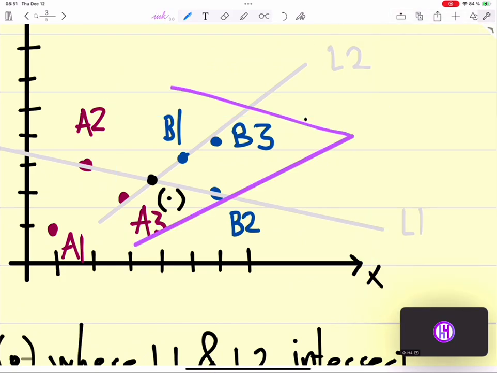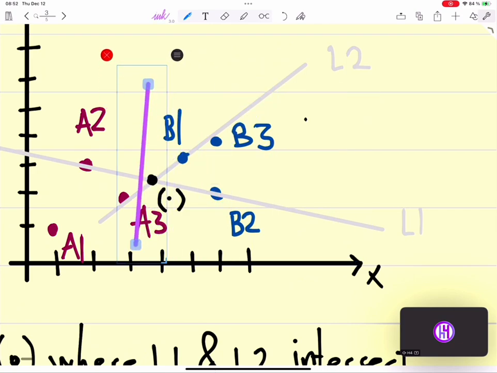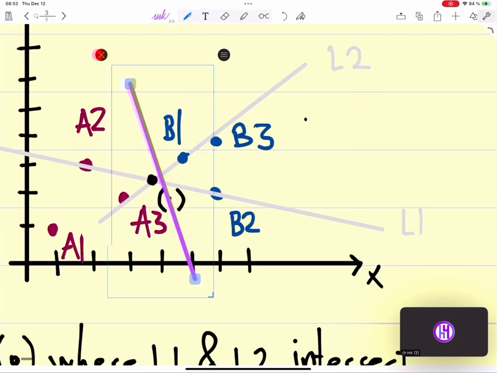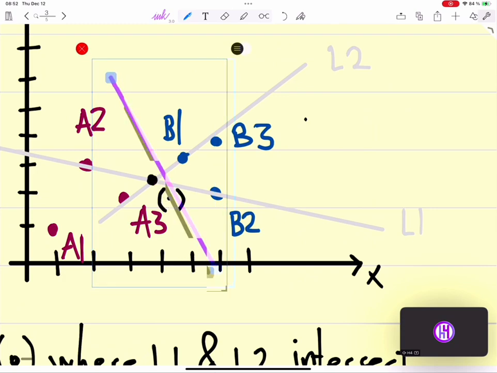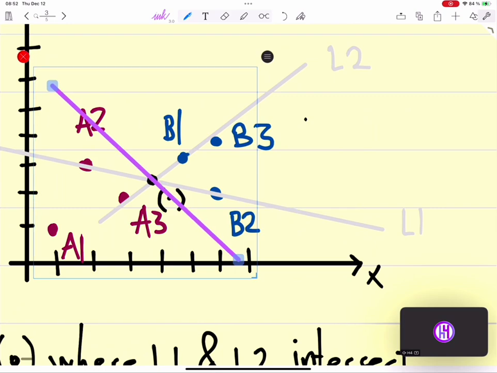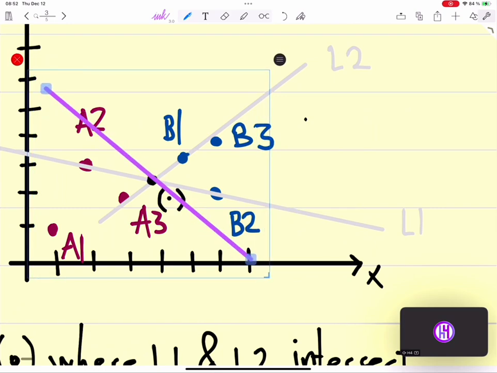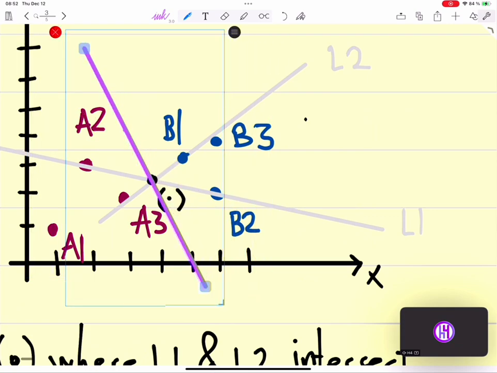Okay, so this is somehow the separating distance, the distance with the best possible distance to the points is a little bit like this. And the closest points are A3 and B1 or A3 and B2, okay, depending how we put it.